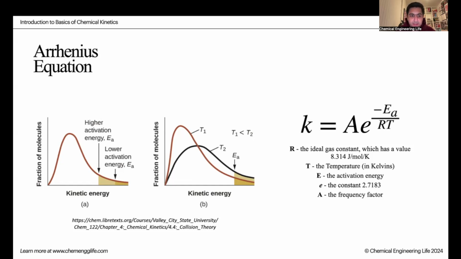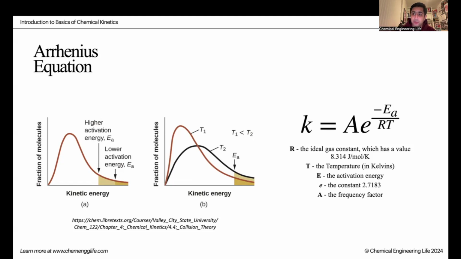And if you see on the left, you can plot your kinetic energy against the fraction of molecules that are interacting. So if you increase the temperature of your system, then remember that temperature is the measure of the kinetic energy within your particles.